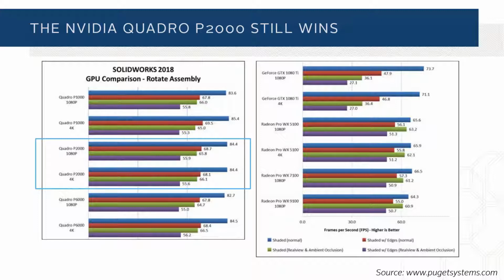And in terms of interactivity with SOLIDWORKS 3D models, there's really not much difference. So middle of the road kind of works out there. And then at the very top end, the 6000 was way more at the time.